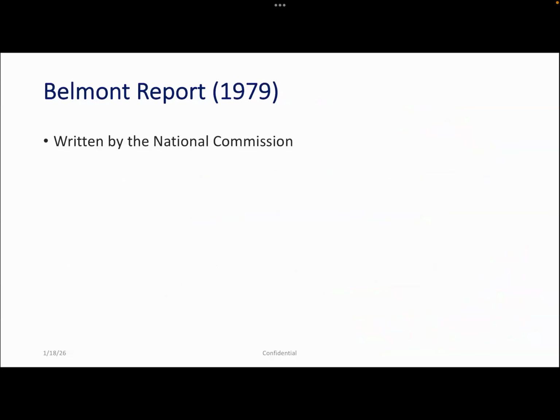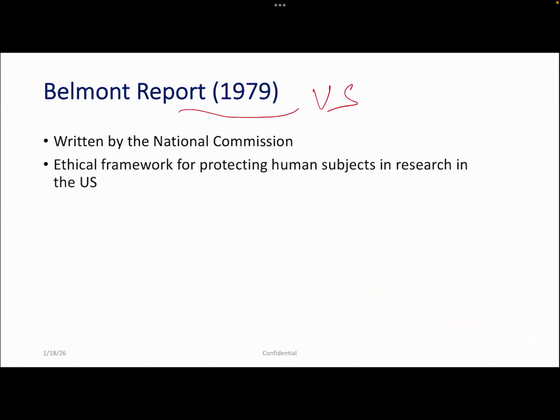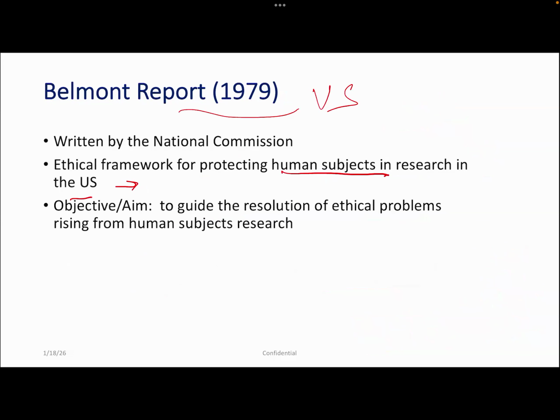So this is additional information I am sharing with you. The Belmont Report came in the US, written by the National Commission. This is an ethical framework to protect human subjects in the US, but later it became global. The main goal was to protect the rights, safety, and well-being of human participants, basically to solve the ethical problem.